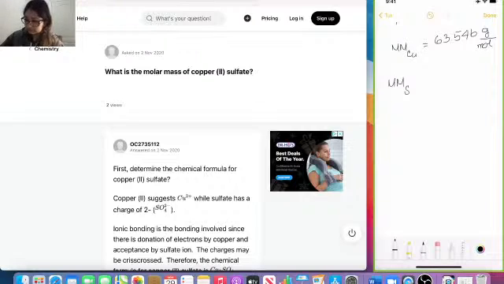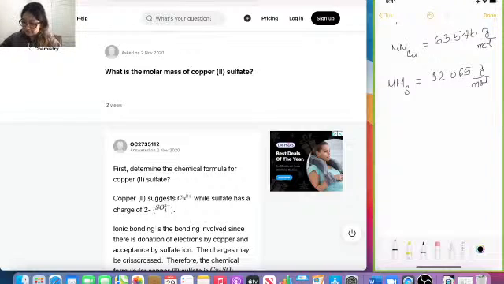In sulfate there's only one atom of sulfur, and the molar mass of one sulfur atom is 32.065 grams per mole.